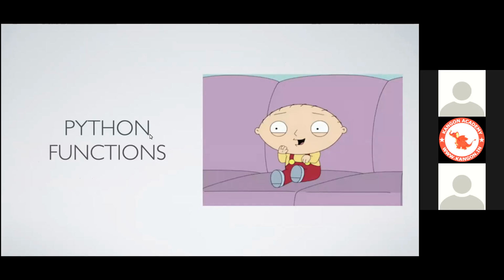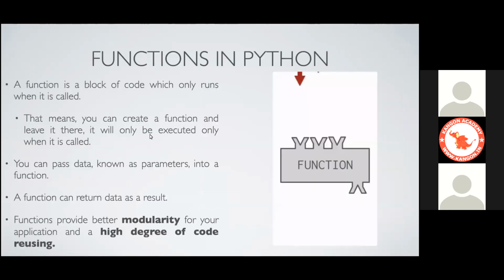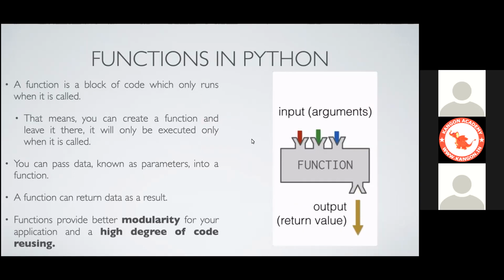Talking about functions, a function is a block of code which only runs when it is called. It's a very simple definition. There is nothing much complicated in here. It's a block of code: you give some input and it gives an output. But there is a very interesting difference between functions and the scripts that we have been writing till now.